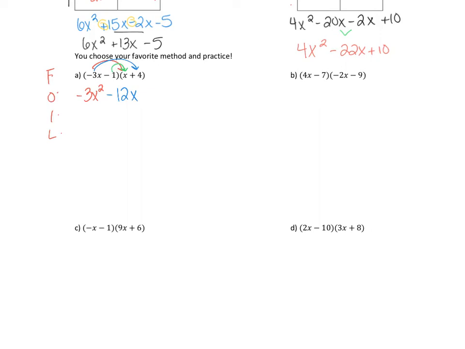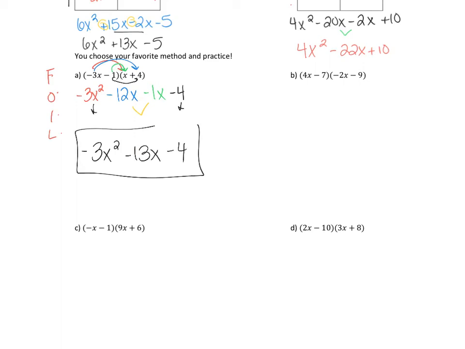So it's negative 1 times x gets me negative 1x, okay? And then the last 2 terms of each parenthesis, which is negative 1 times a positive 4. Okay, then lastly, all we have to do is combine my like terms, okay, and bring everything else down. This comes down, negative 3x squared minus 13x minus 4. So this is my answer, okay?